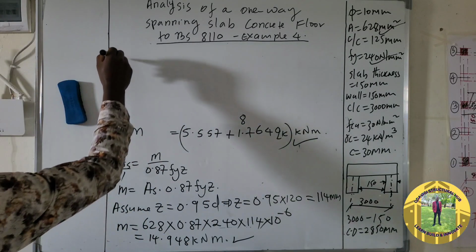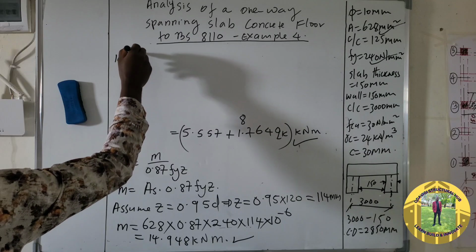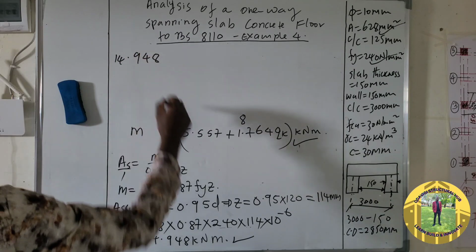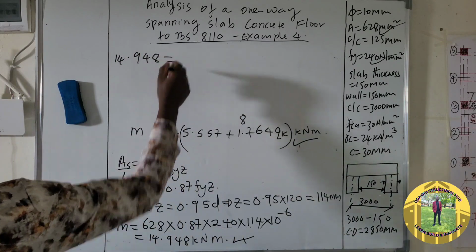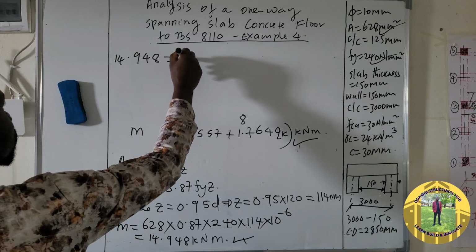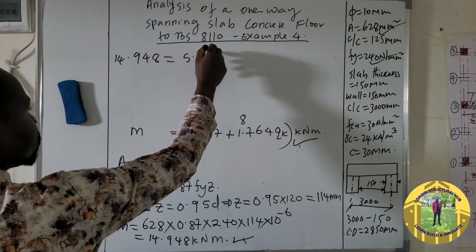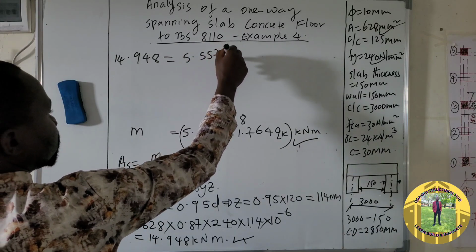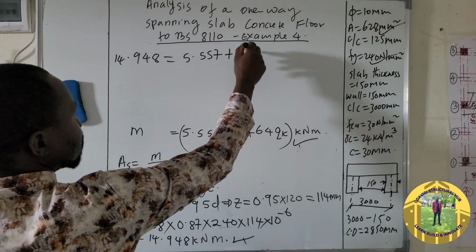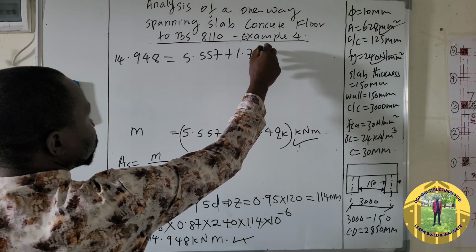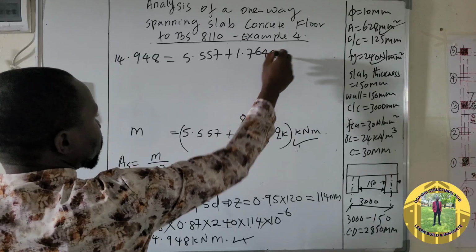So 14.948 is equal to 5.557 plus 1.764 QK.